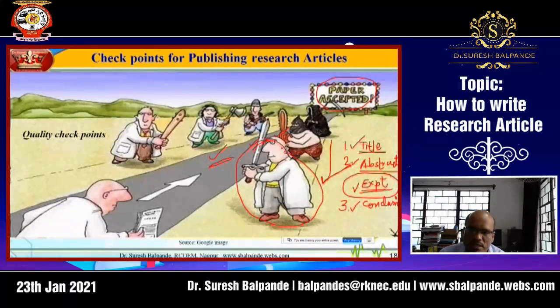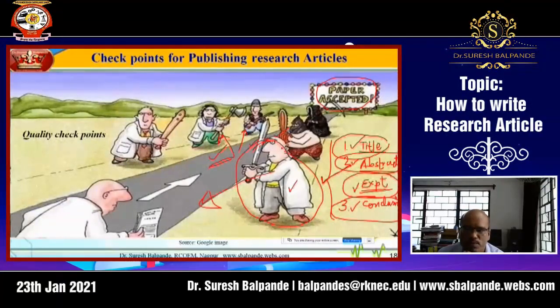On this basis, the decision is taken whether it should be forwarded to reviewers for further review or rejected. That is decided by this first person, the editor. So from this slide, remember that while writing the paper, you must focus on the title, the abstract, and the conclusion section. Definitely the experimental section is also important, but you should write these three things carefully.